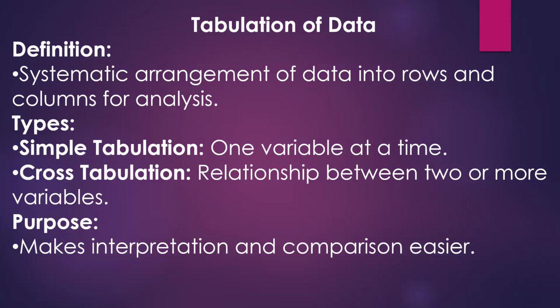Tables make it easy to spot trends and prepare for statistical analysis. Tabulated data provides a clear overview and is often used as the basis for charts, graphs, and further statistical analysis.